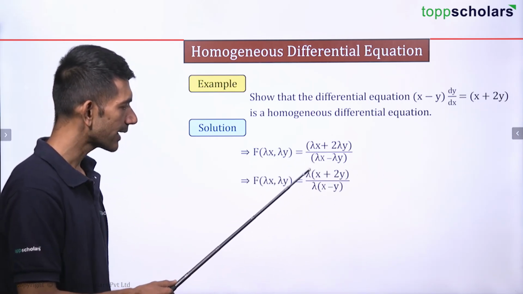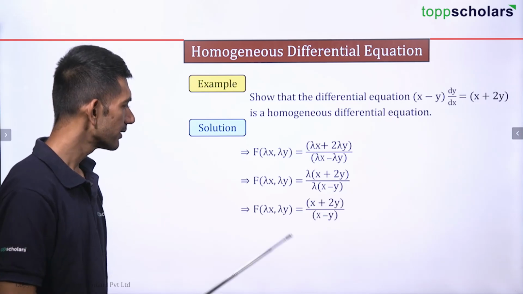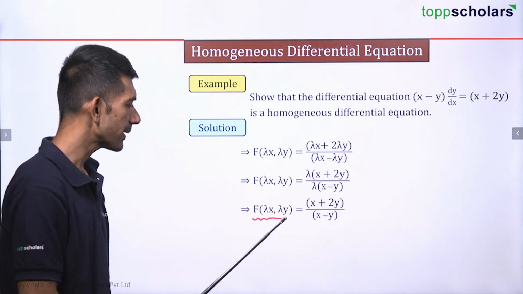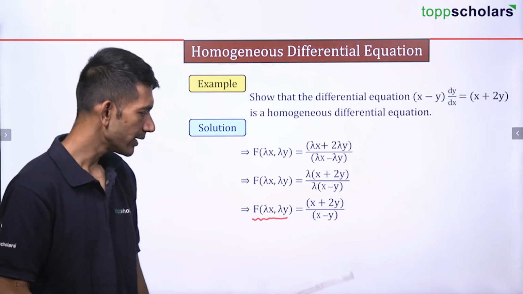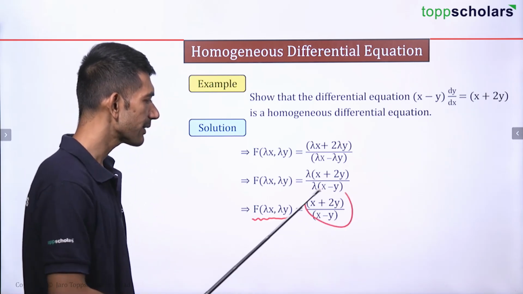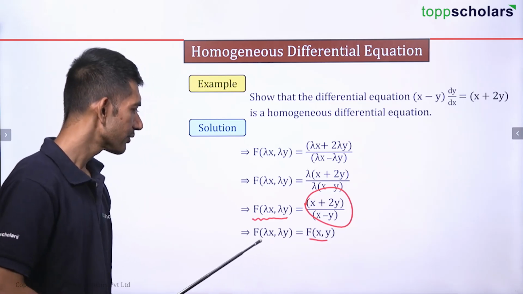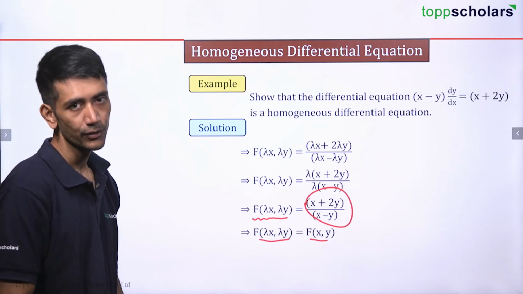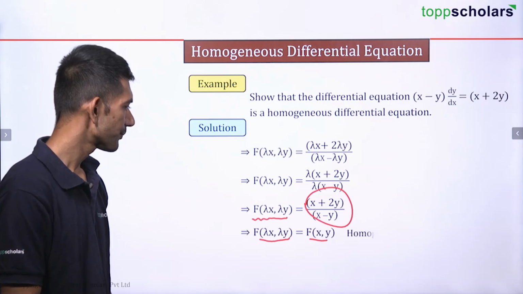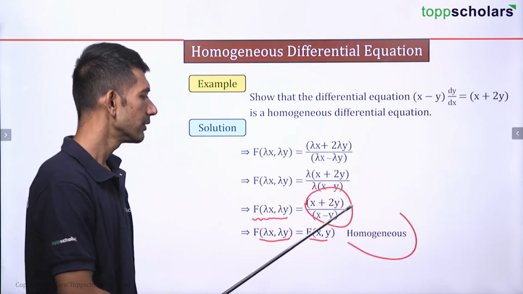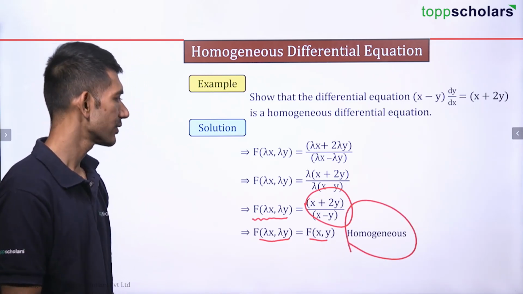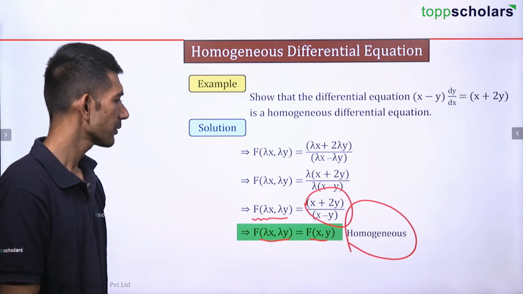Once we do that, λ gets outside and cancels. So F(λx, λy) is nothing but (x + 2y)/(x − y). But this is the same as F(x, y), right? So F(λx, λy) = F(x, y), isn't it? So we can say that this is a homogeneous differential equation, correct?